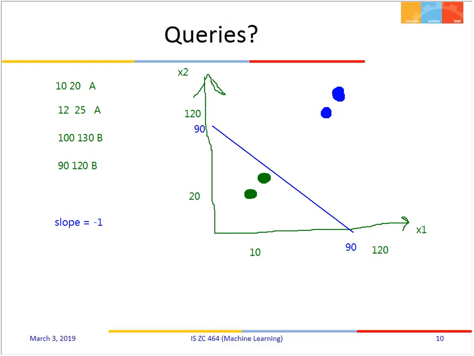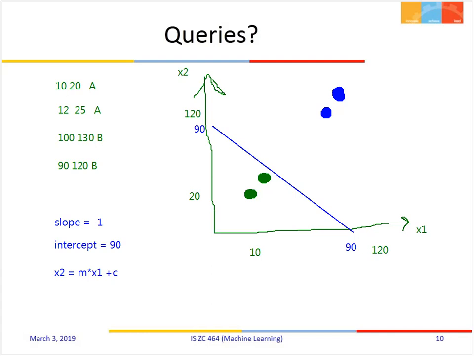So how will I write my equation? It is actually x2 equals m star x1. I'm deliberately not using x and y notions because you know that y is representing the class label now. So the dimensions are represented by x1, x2, x3, etc. Plus the intercept, that is the equation of the line.